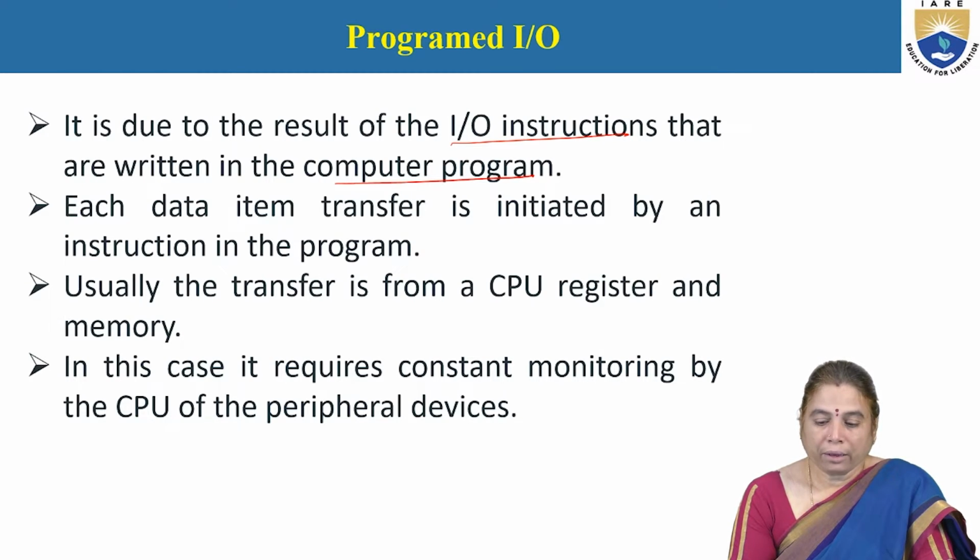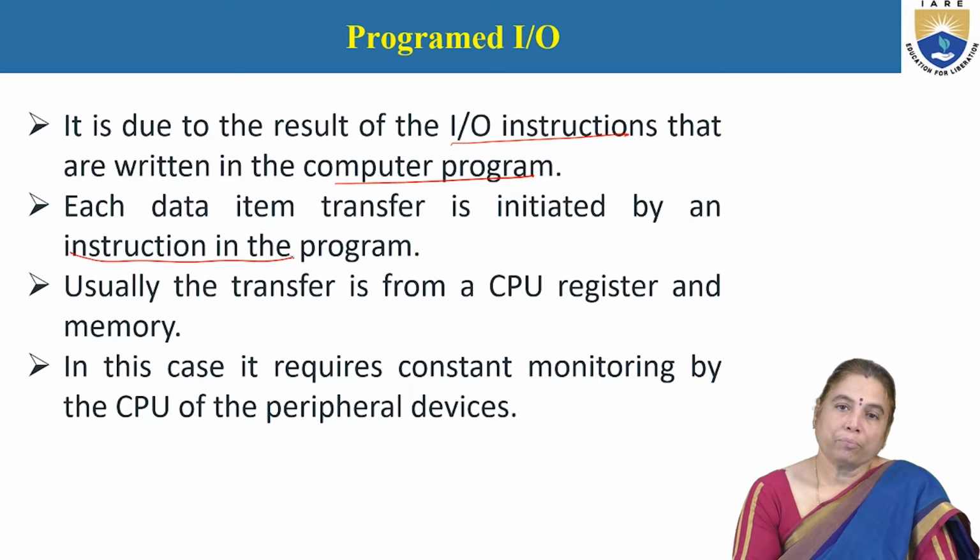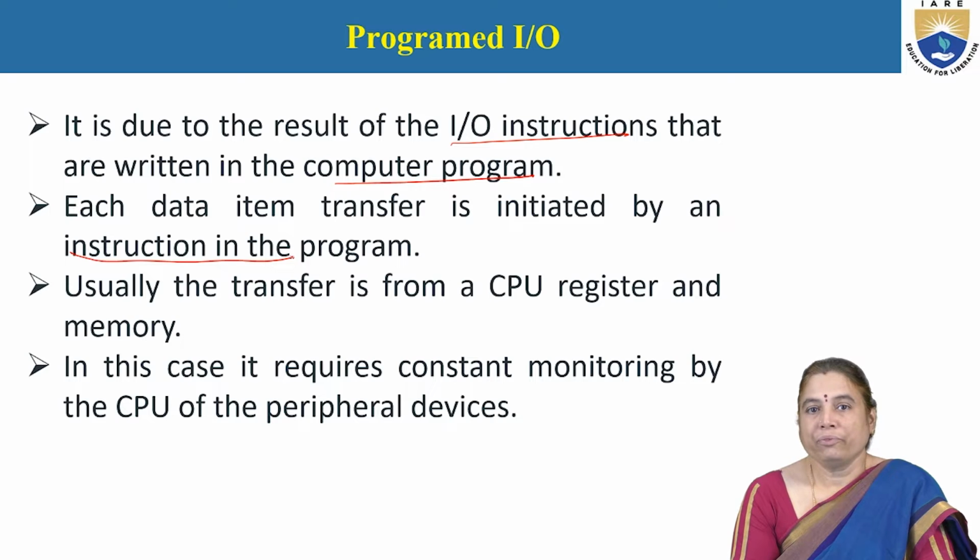Each data item transfer is initiated by an instruction in the program. For example, in the C language, the input-output instructions are generally written using the scanf and printf functions. Whenever a program encounters these, the input-output peripheral devices are activated.